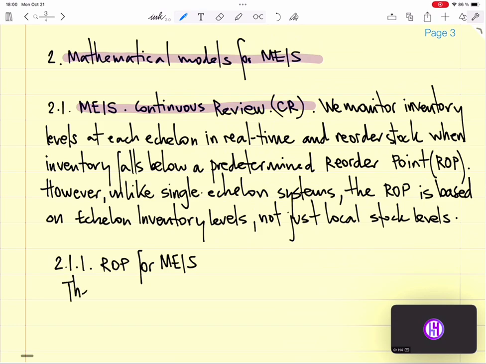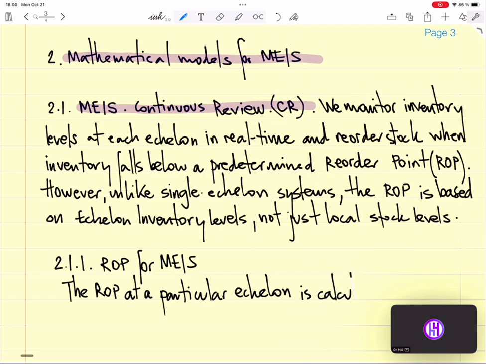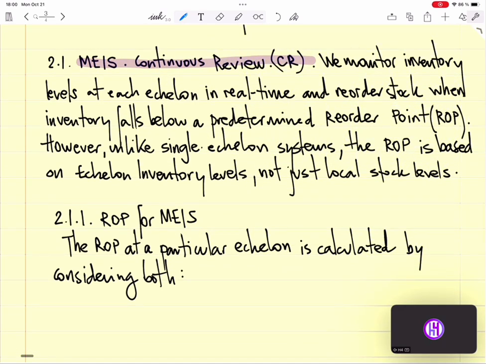The reorder point at a particular echelon, so we have one reorder point for each echelon, is calculated by considering both: 1, echelon lead time, the time it takes to replenish stock, we saw it above, and 2, demand variability.